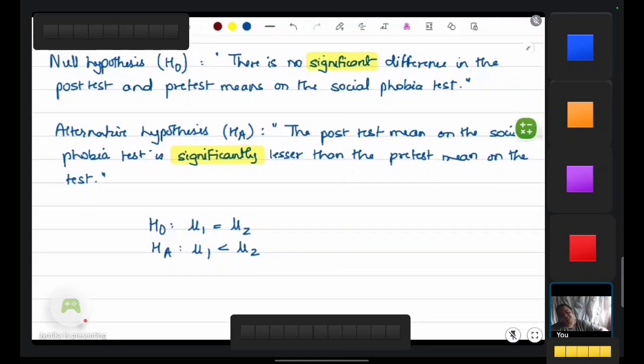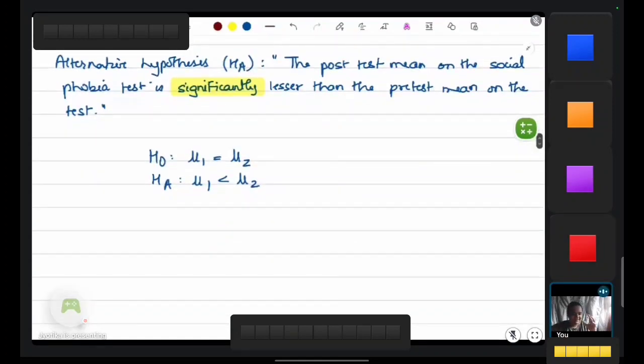Okay. So everybody, we just complete this step and move ahead. Complete means explaining the notations used. Now you can off your mic, Parul. Here, H0 stands for population mean. I'm so sorry. Mu1 stands for population mean of post-test scores.